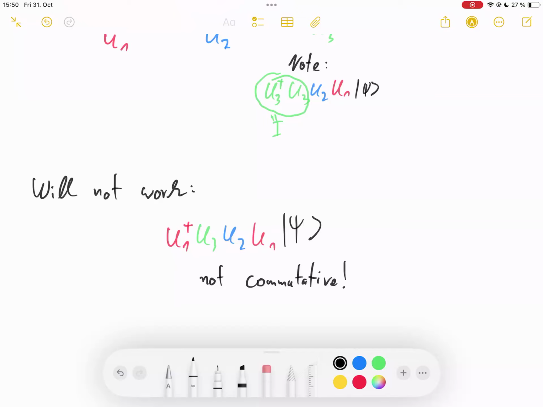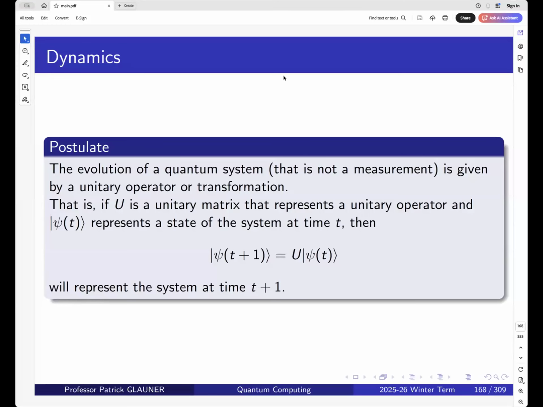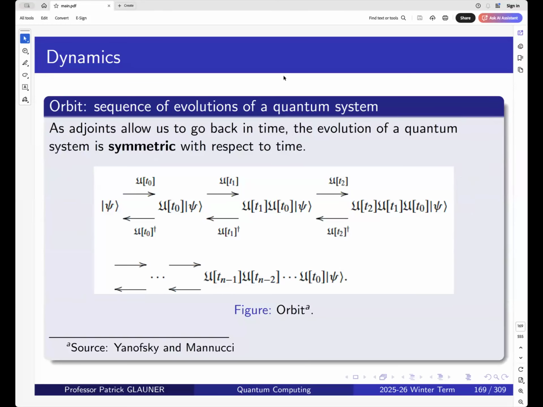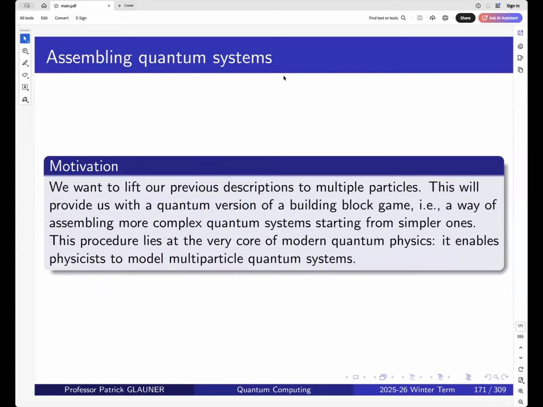Now, I'll switch back to my slides. This is what I've just shown you. I've also shown you this. I just wrote the U1, U2 slightly differently, but this is a screenshot from the book. And you can read more in chapter 4.4 if you wish.